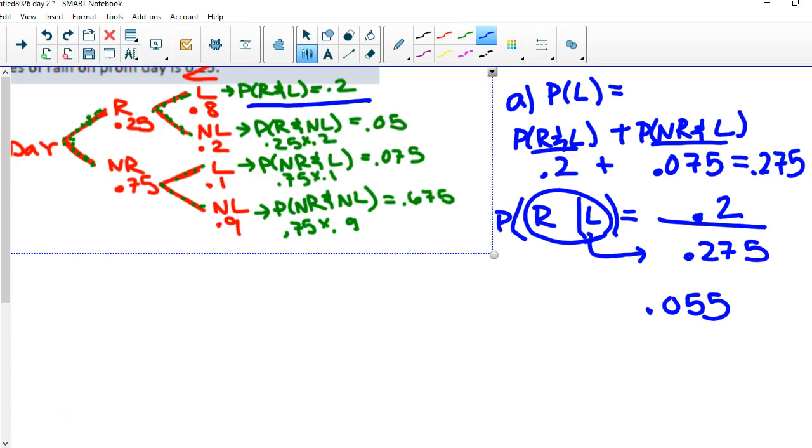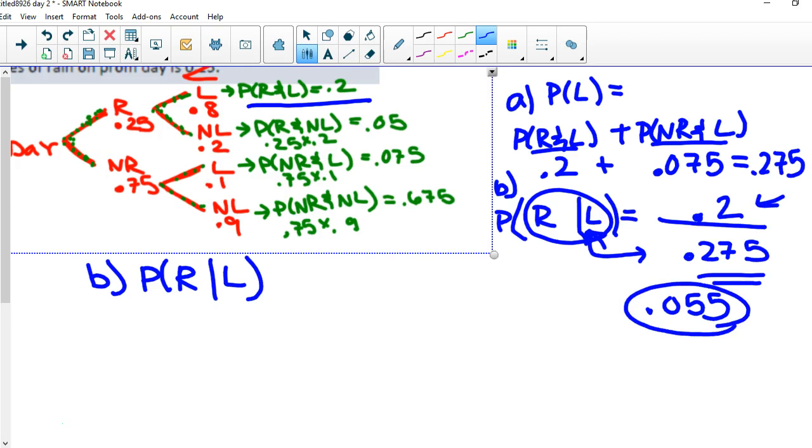The last question they might ask is, are being late and whether it rains or not independent? I'm going to call this part B. In part B, I already found a conditional probability: the probability it's going to rain given she was late. Every way she can be late is in the denominator, and the numerator both, we divide it and we get 0.055.